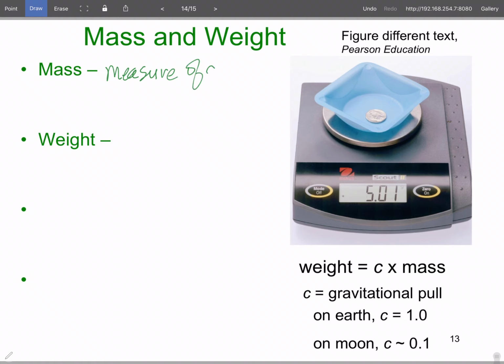Measure of amount of matter in an object. We use mass and weight interchangeably because weight is the force of gravity.